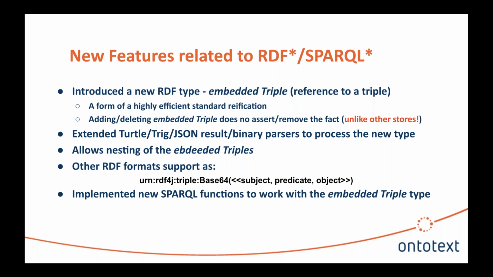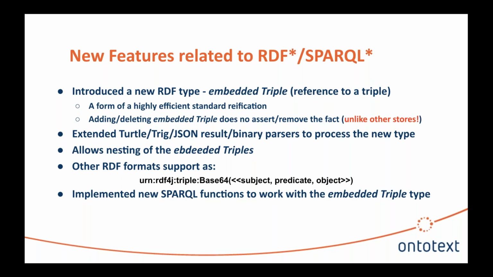And we find this a non-transparent and not nice, black box manner for a database. So basically, this type of embedded triple is a completely new type, which has its own life, and the user needs to explicitly add or delete it in order to manage it.